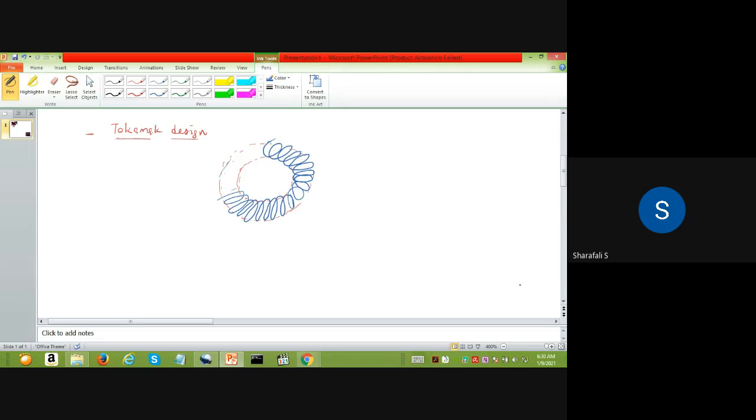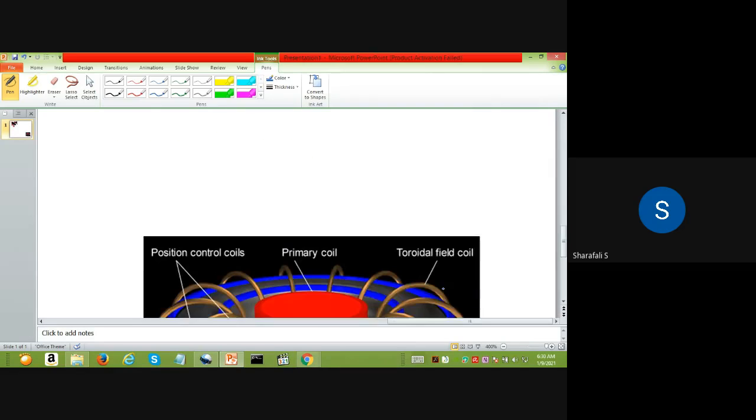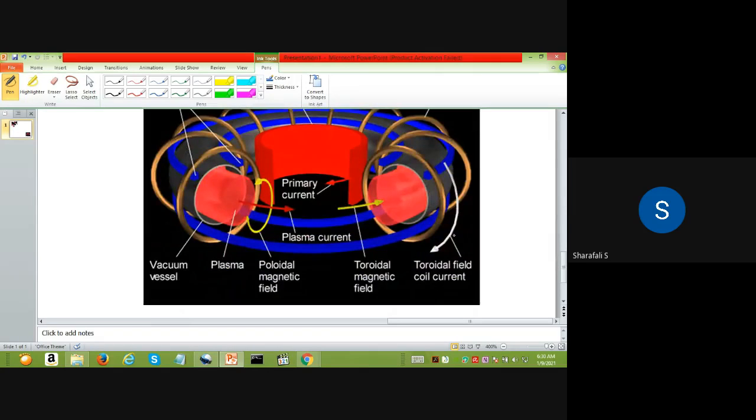These are the circular coils carrying this current, and they produce the field called the toroidal field. The toroidal field will be in this direction. You can see this yellow. So this is your toroidal field.